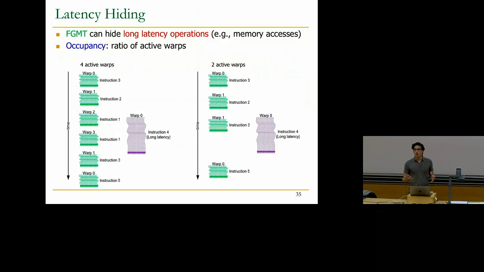The ratio of active warps to the maximum possible number of warps is what is called the occupancy, and we will calculate the occupancy in each of these streaming multiprocessors, in each of these SIMD cores, because they are all like twins. They work the same. They typically run the same number of thread blocks, and they have the same resources. It's enough if we calculate the occupancy for one specific SM or SIMD core.